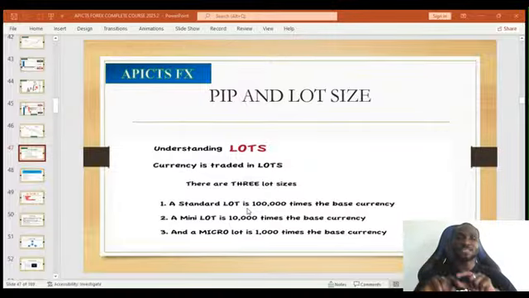If it moves 10 pips, I would have made $1. So in that order, that is how you need to understand the lot size and how it relates to the number of pips that the price makes in the market.